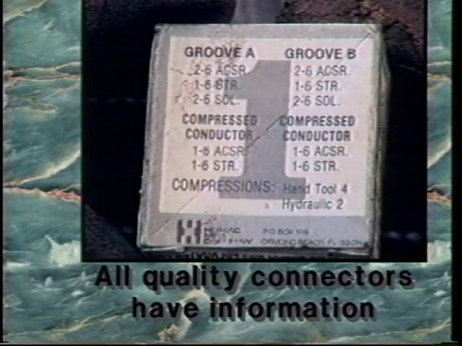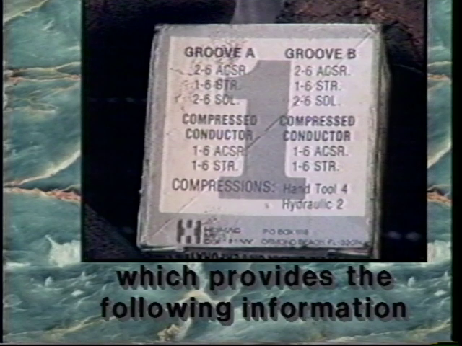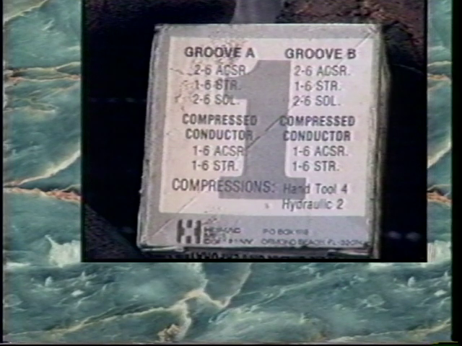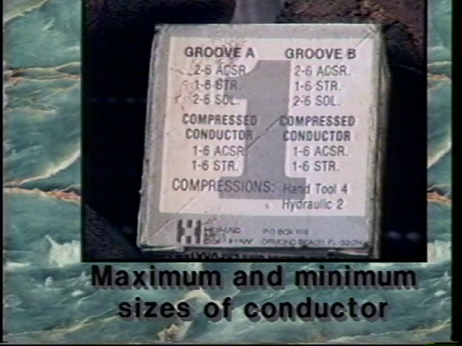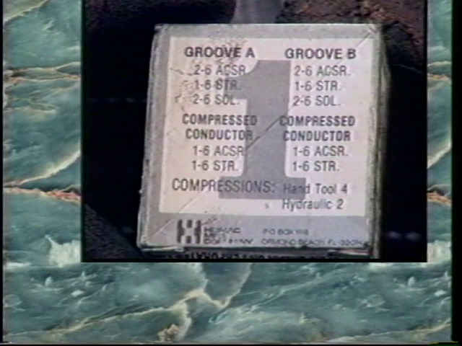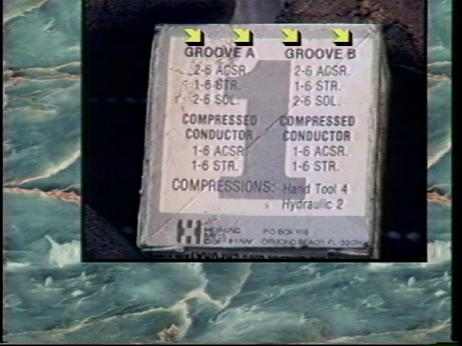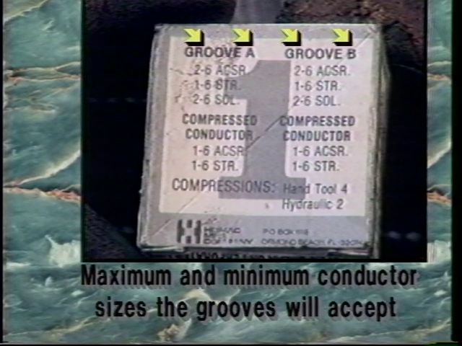Connector information. All quality connectors have information stamped or printed on them and their packaging, which provides the following information: the maximum and minimum sizes of conductors they will accommodate. Connectors have two grooves, which are identified as Groove A and Groove B. The writing under these titles indicates the maximum and minimum conductor sizes the grooves will accept.